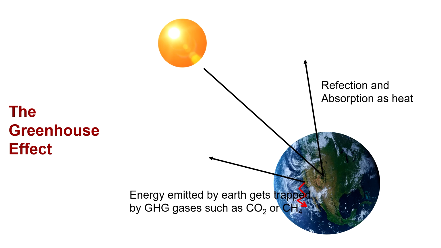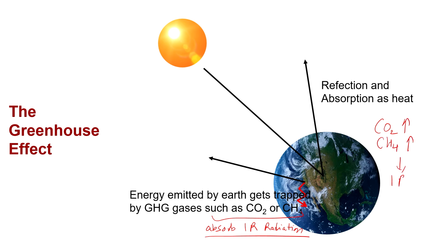So, if CO2 goes up and CH4 goes up, then IR absorption also increases, and as a result the warming in the atmosphere goes up, because IR is responsible for warming, and this leads to trapping of heat in the outer atmosphere.